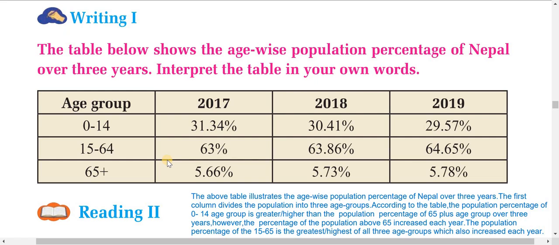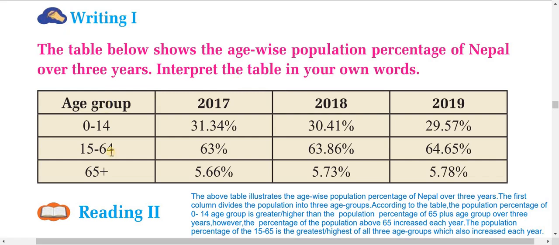Today we'll do one here. First of all, let's compare this data here. So the table below shows the age-wise population percentage of Nepal over 3 years. Interpret the table in your own words. Okay, let's see here.